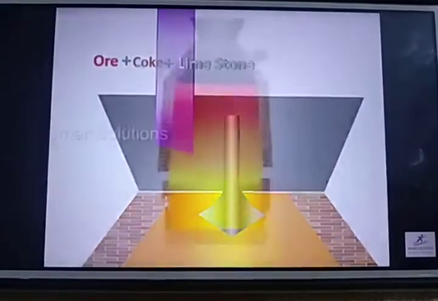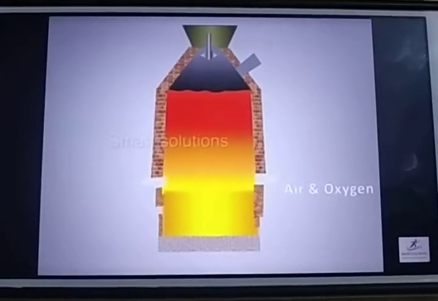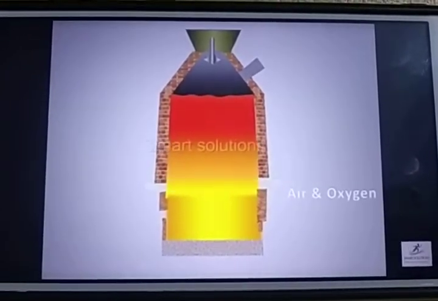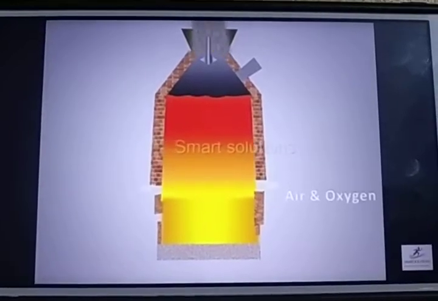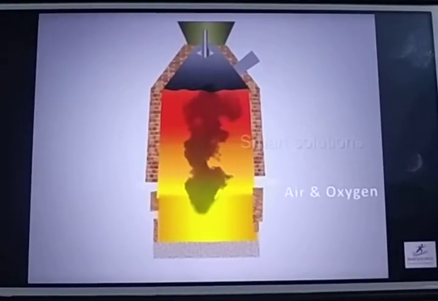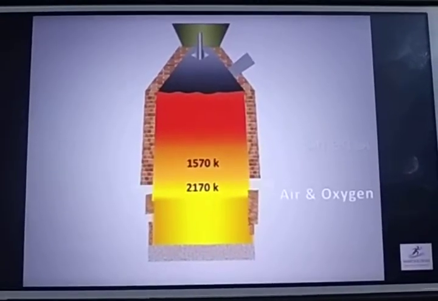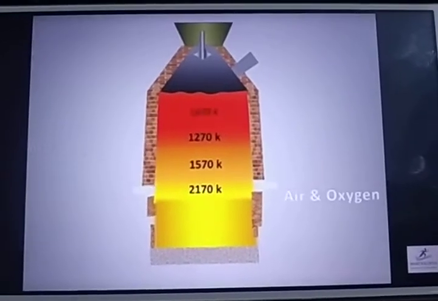In this blast furnace, hot air is blown from the bottom of the furnace. Coke is burned with the release of temperature up to 2200 Kelvin. This provides the required temperature for the process.